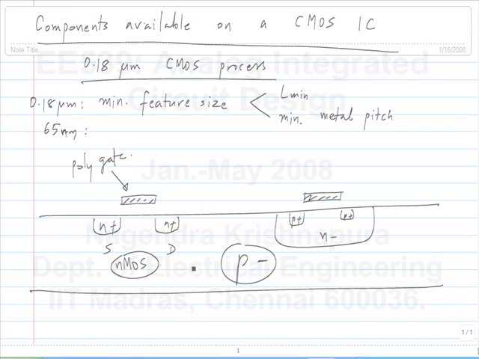It is the P substrate itself. So the substrates of all NMOS transistors are connected together. And where do you connect them? Lowest potential. Why? So you want to avoid the possibility of this diode getting forward biased.